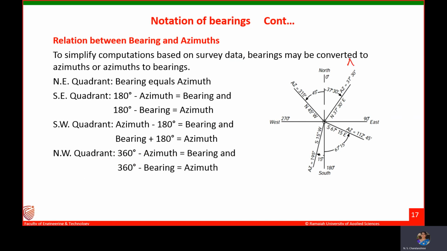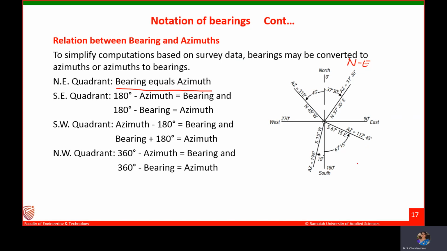When we talk about the northeast quadrant, the whole circle bearing is equal to the reduced bearing, because it is measured from the north and the direct reading can be taken.